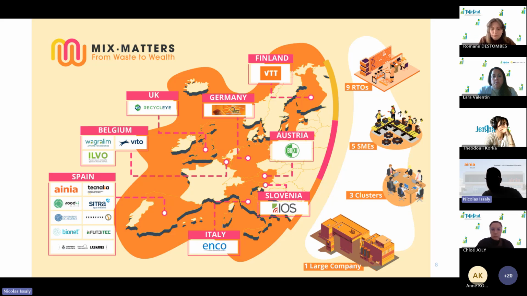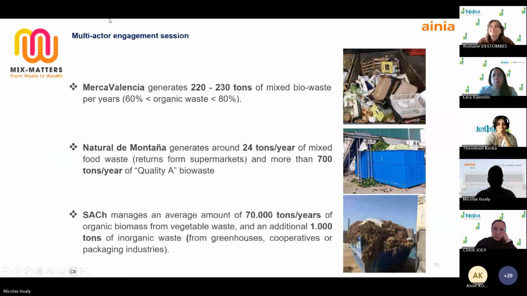When we are talking about innovation action, it's very important to have 1 or several large companies in your consortium. So you can see that we have partners in Finland, in Austria, in Slovenia, in Germany, and most of them also in Spain.